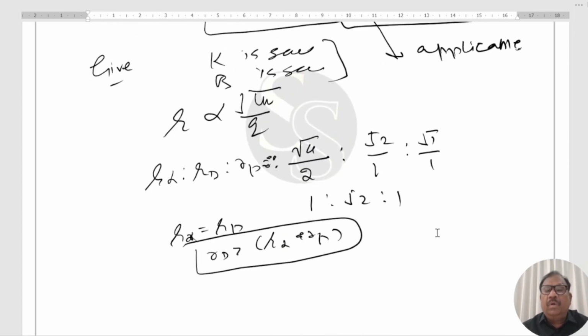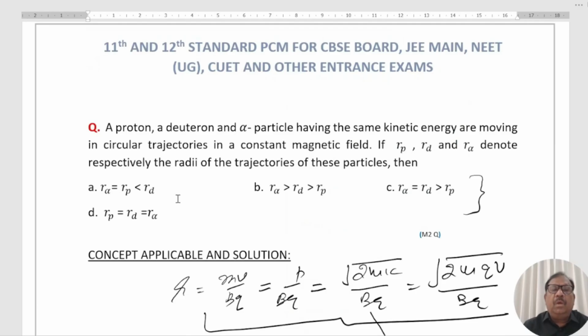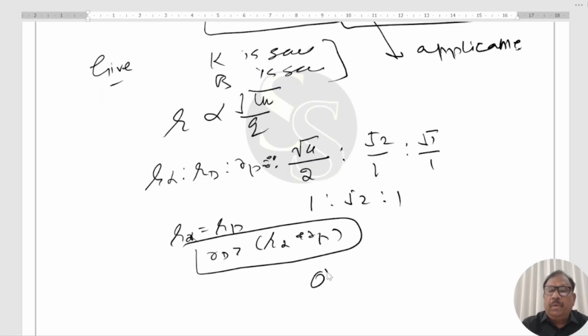Rp equal to R alpha, this is correct, and Rd is greater than both. A option is the correct option. Option A is correct. Right. Next question.